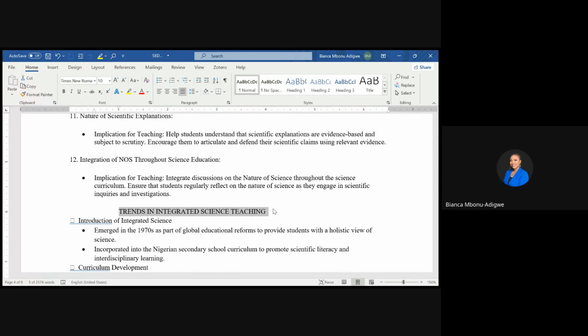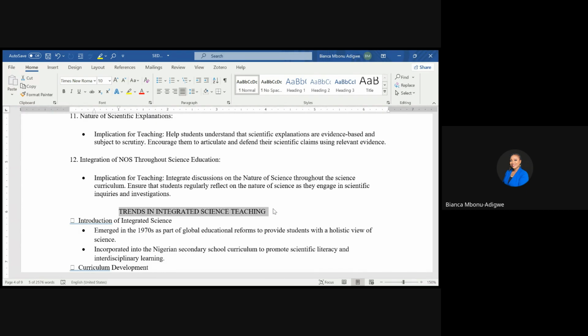It's a course that has changed so many times that if you're not careful, you get confused. Integrated science has moved from general science to primary science to integrated science to basic science and technology, and now we call it intermediate science. These are trends.